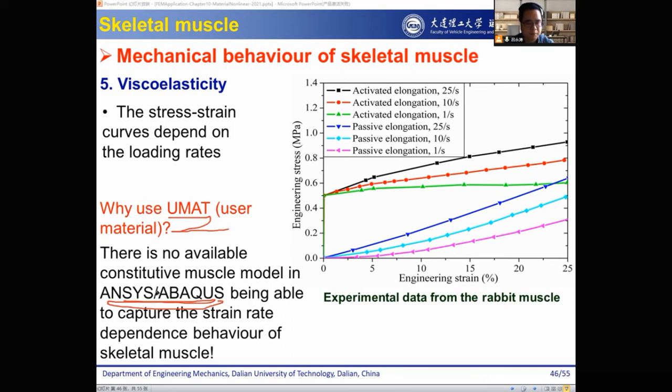All the commercial software like ANSYS, ABAQUS, Astana, provide the interface to the user, just in case the material model they provide cannot meet the requirements of the user. For the skeletal muscle, there's also no suitable constitutive model in those software. Therefore, we have to do our own coding in order to describe the mechanical behavior of the skeletal muscle.